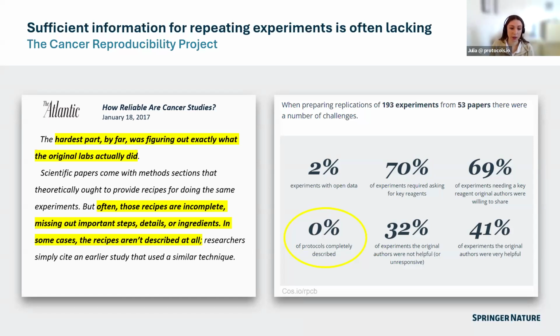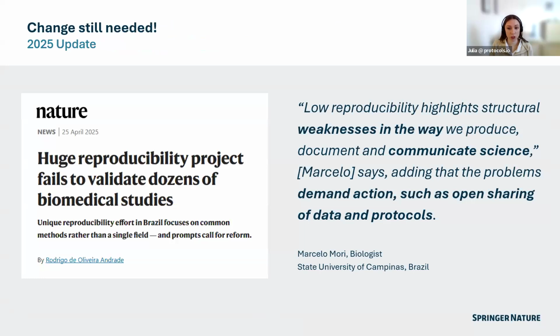And then again, this is another write-up by the Center for Open Science that says 0% of those protocols were completely described. So we are unfortunately still seeing this today. This is an article that was published a few weeks ago now on a recent reproducibility study.